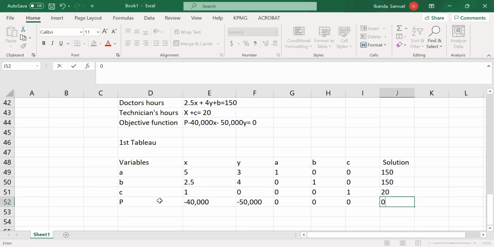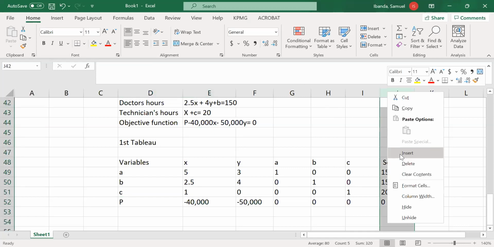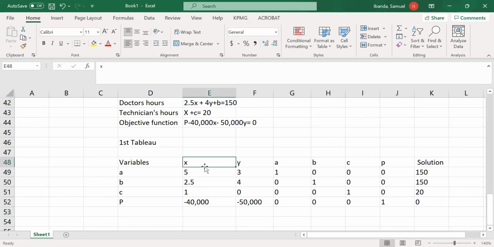But anyway, in this equation, the only thing we have is a P. So let me leave out the P here, so that I just write 0, 0, 0, 0, and do a 1 there, so that I represent the P. So this is what we have.